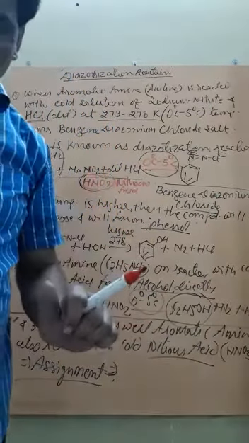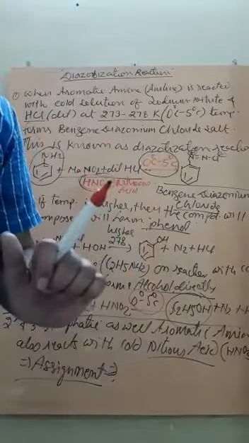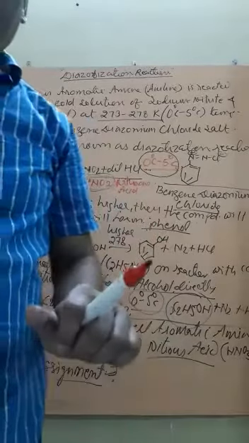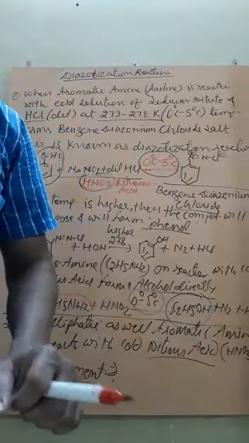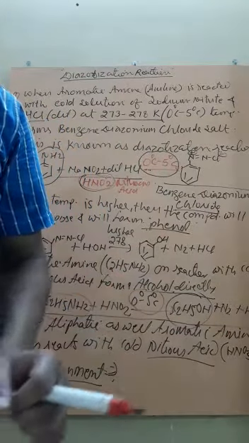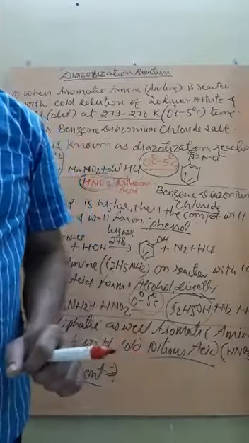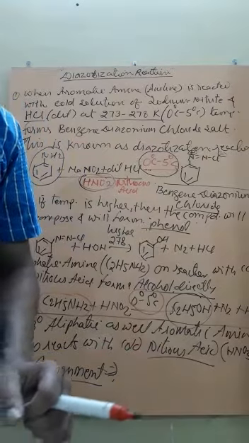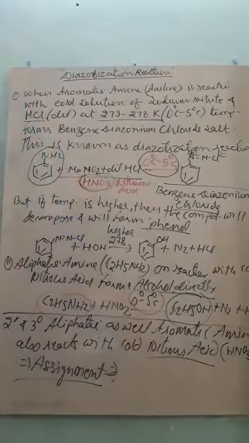With the tertiary amine, the compound formed with an aliphatic tertiary amine will be triethylammonium nitrite, but if it is an aromatic tertiary amine, then the compound will be para-nitroso-N,N-dimethylaniline. This is green in color, and the above compound with the secondary amine will be a yellow oil. So this will be the distinguishing test between them.